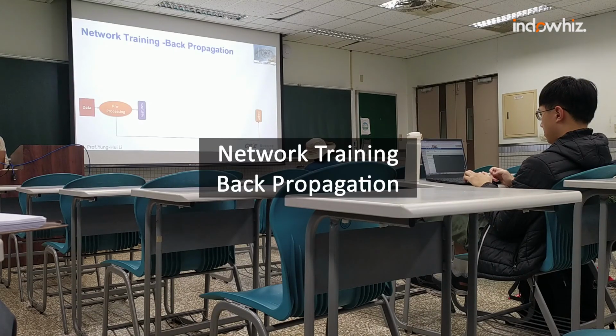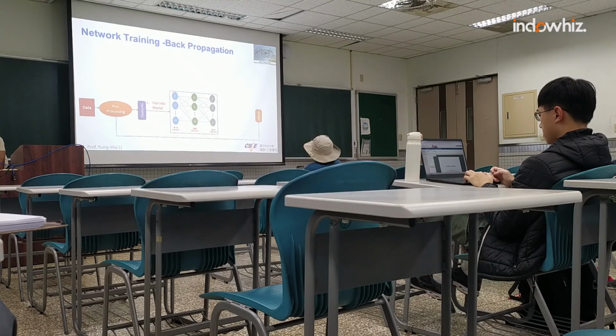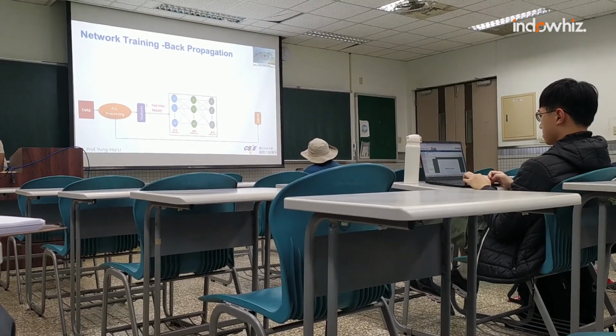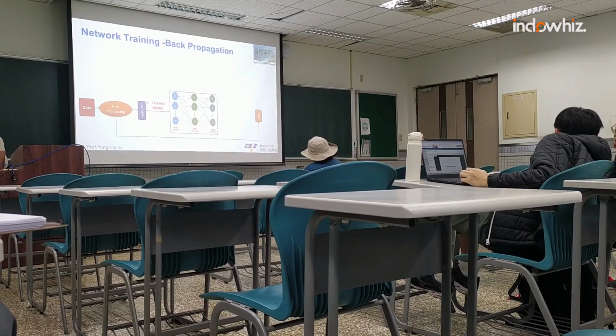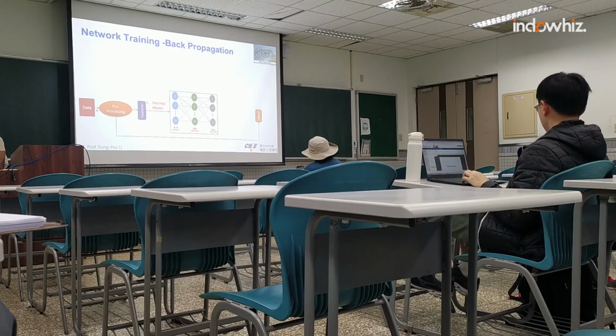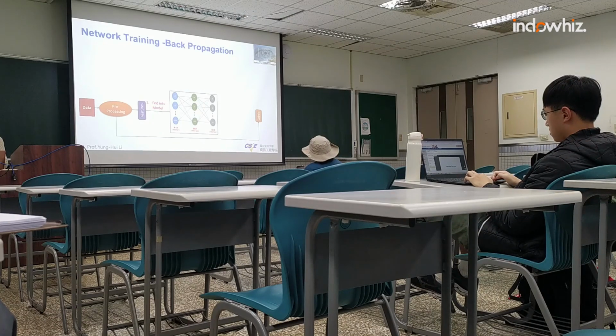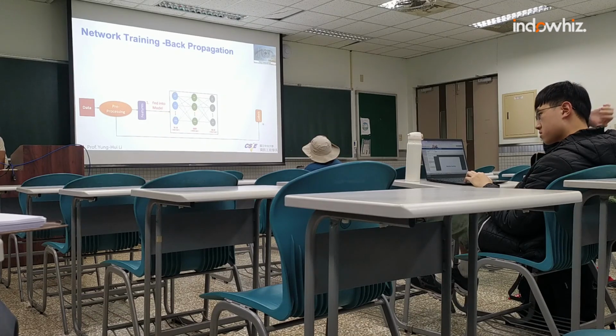Okay, so here is another flowchart talking about how we do training of our deep learning model. First, we prepare our data and do some pre-processing. During the pre-processing, you should know the ground truth of your data. Suppose it's a classification network, then you should know which class your image belongs to, and you should prepare the one-hot encoding label for your data.